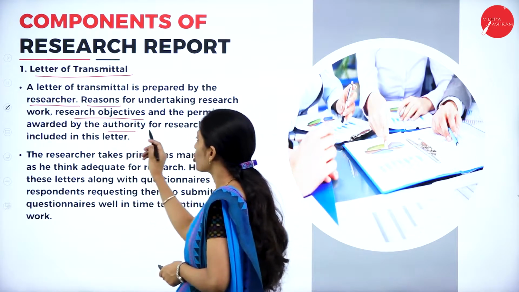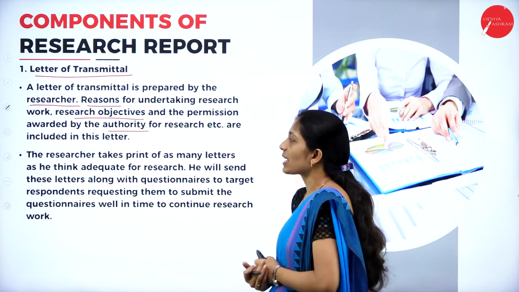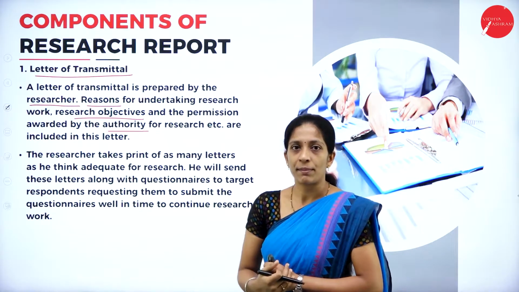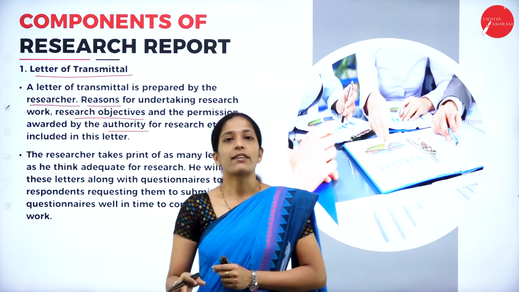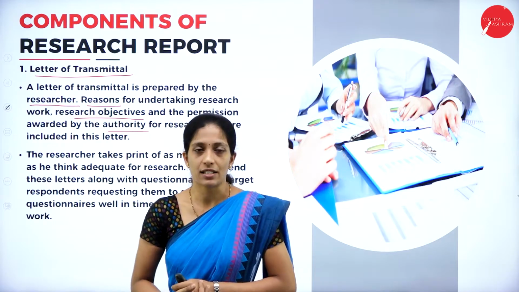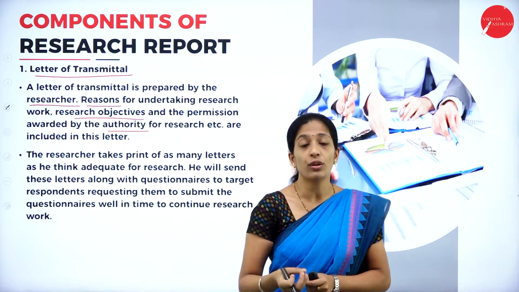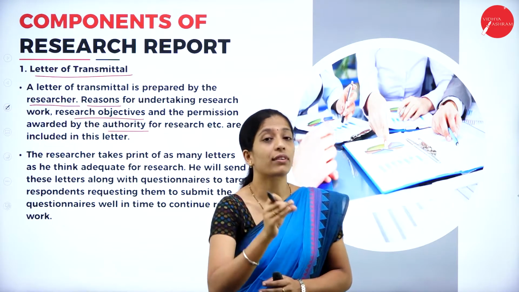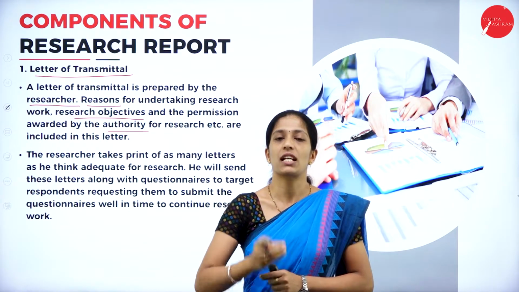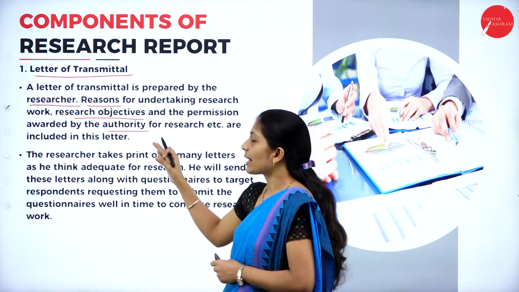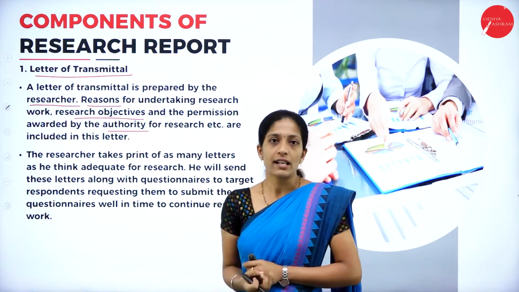That also has to be written. Now, what you have to remember here: the letter of transmittal is prepared by the researcher, and it contains the purpose, the objective, and the authority who has given the permission to collect the information. All that information will be included and has to be written in that letter.